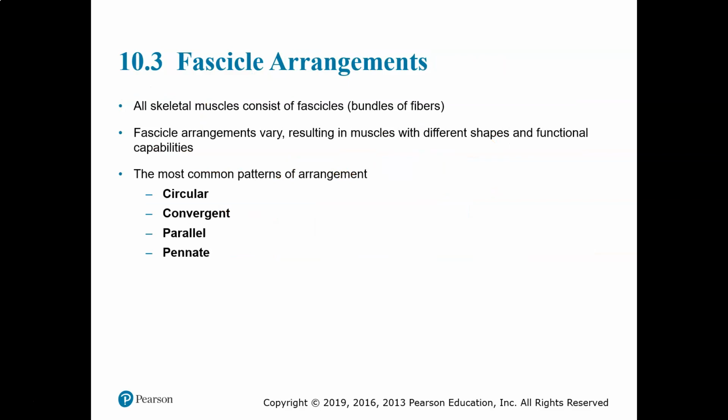Okay, and fascicle arrangements. This is probably something that you wouldn't be familiar with, so I need to explain it. Some muscles have a circular arrangement, and those muscles we call sphincters. And also, not just sphincters, but like the orbicularis oculi and the orbicularis oris.